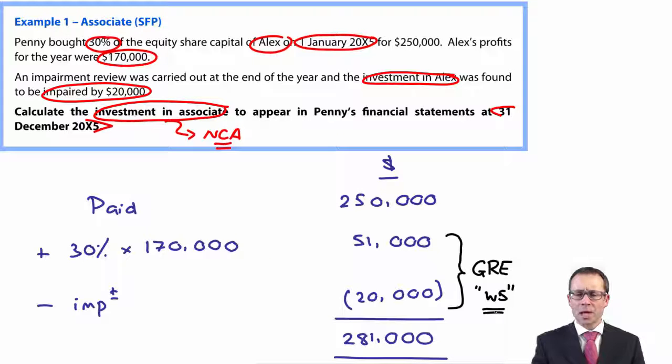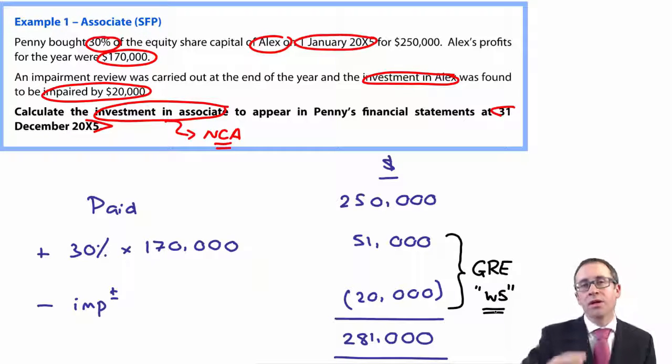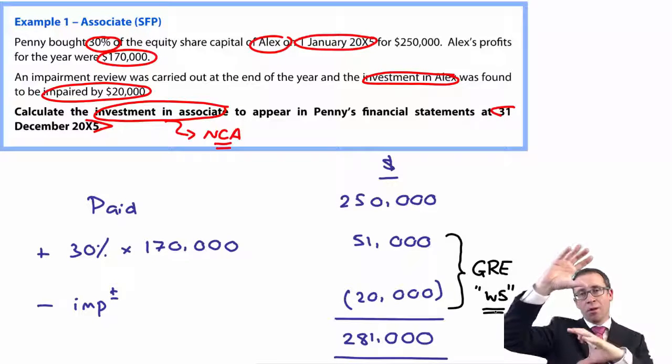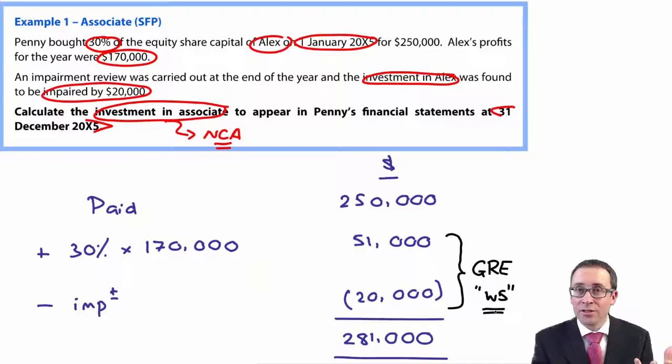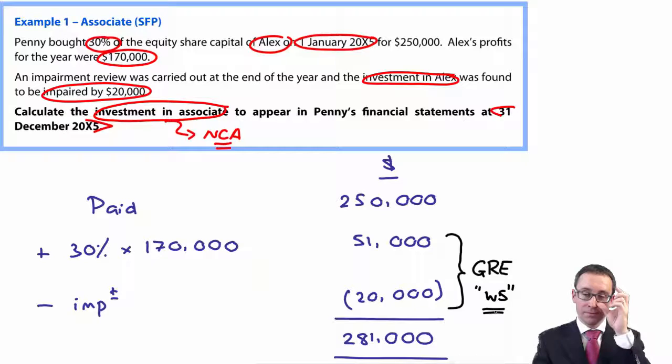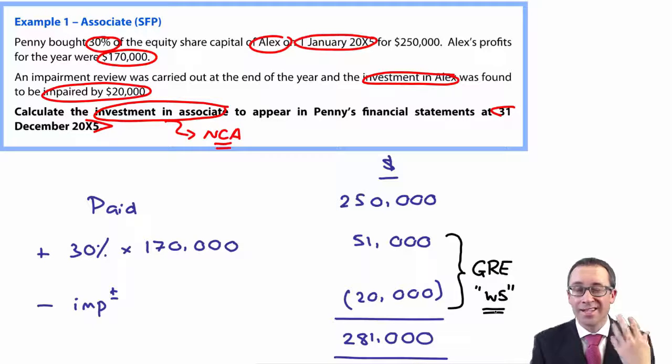So you need to add in 51 and take out 20 from the group retained earnings, because if you don't, you've adjusted the asset at the top but not made an adjustment elsewhere, and then your statement of financial position doesn't balance, does it? So there we have it. Exam questions would be as simple as that. It wouldn't get too much more difficult than what you see there.